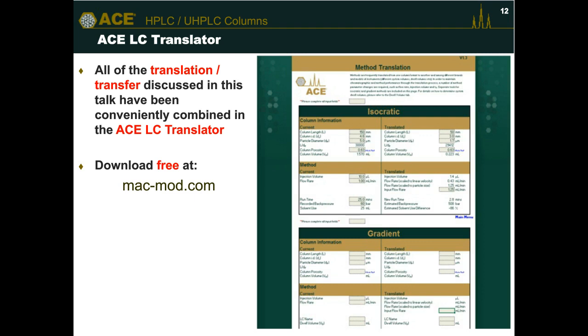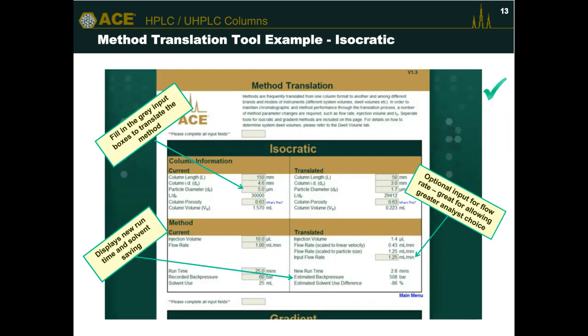You make sure you write whether it's porous or superficially porous, and it can translate the method for you. So it basically has all those algorithms in the background. And you can see this is the method we just looked at. So a 15 centimeter, 4.65 micron column going down to a 5 centimeter, 3 millimeter ID, 1.7 micron. It tells you what your new injection volume should be and your new flow rate as well. So it's all those equations that I've shown you, just in a handy tool that you can use.